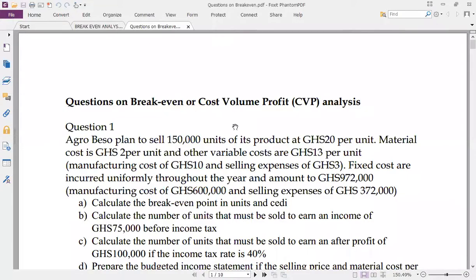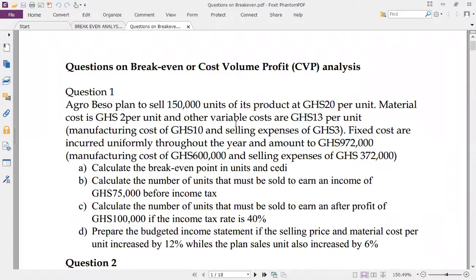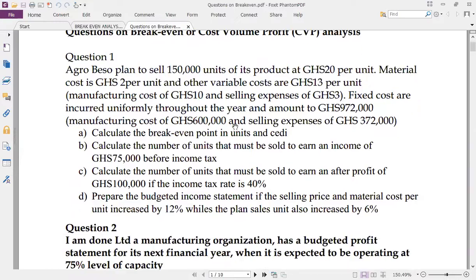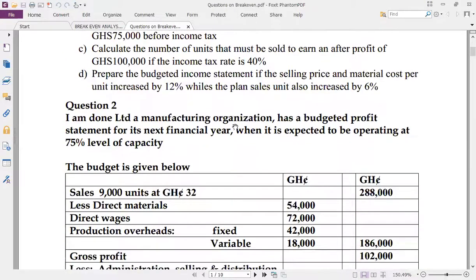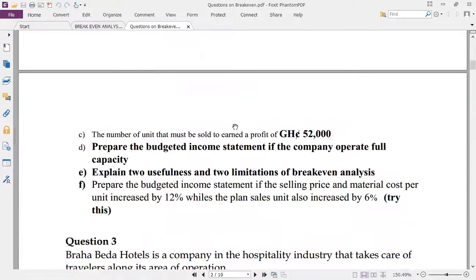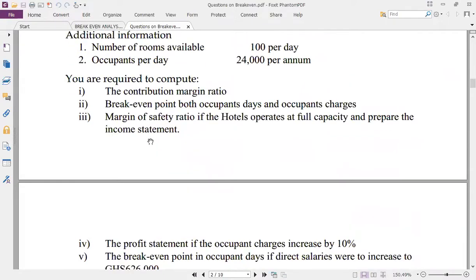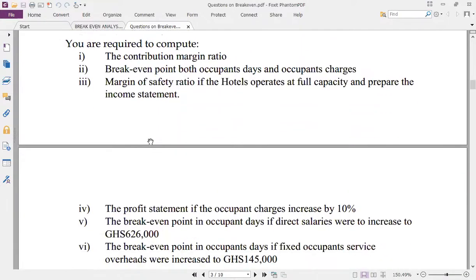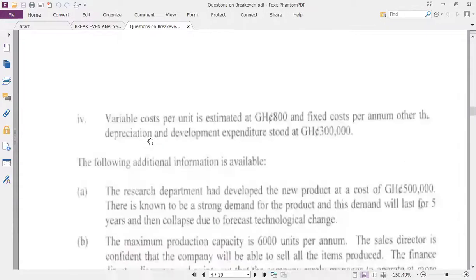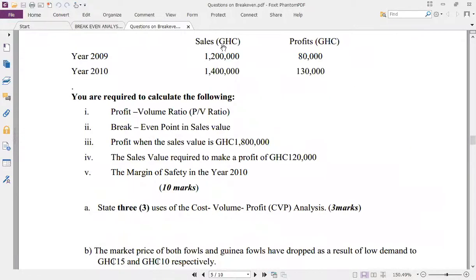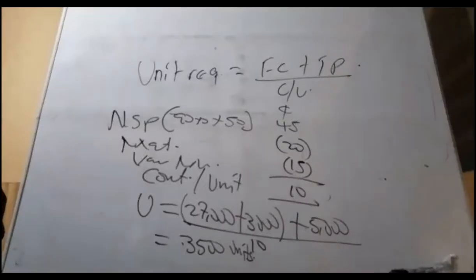Try agro-beso, then question 2, then Brahabeda hotels. So now I'll upload it. These are newly manufactured questions.